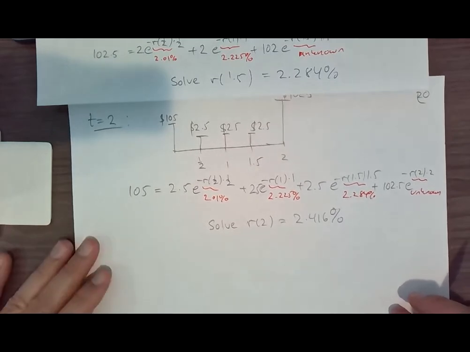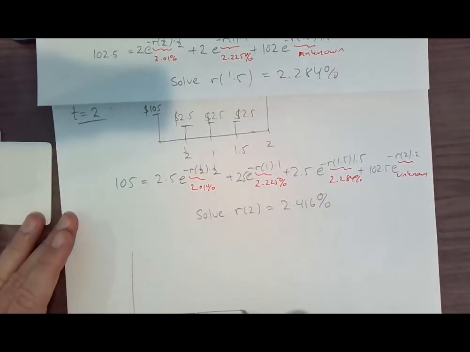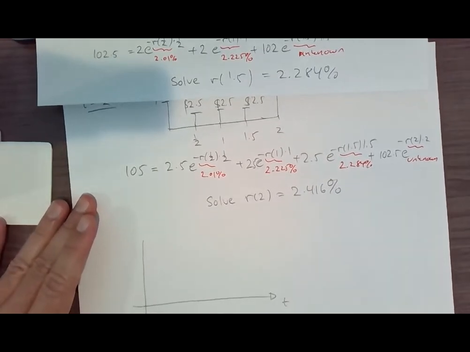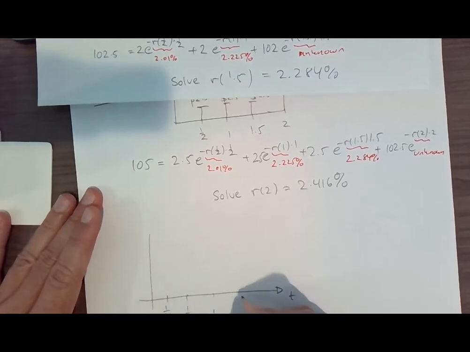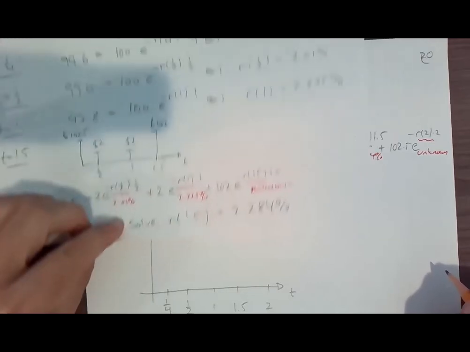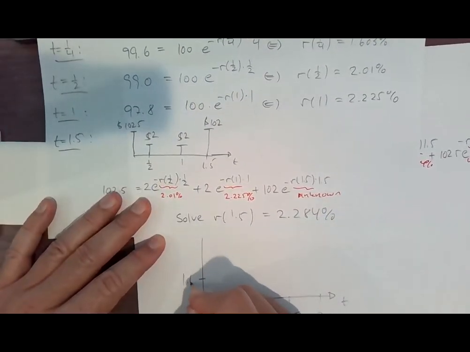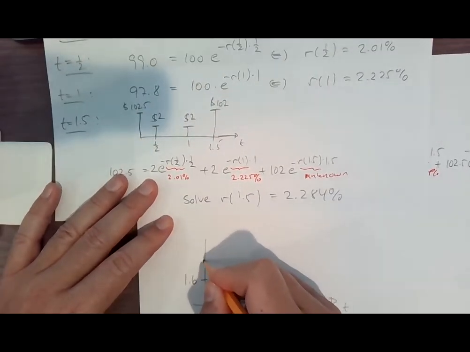So now we can fill in the points in a diagram. So we have time here. We've been able to get 5 time points. So we have a quarter, we have a half, we have 1, 1.5, and we have 2. And they move as 1.6. That was that guy. Then it moves up to 2.